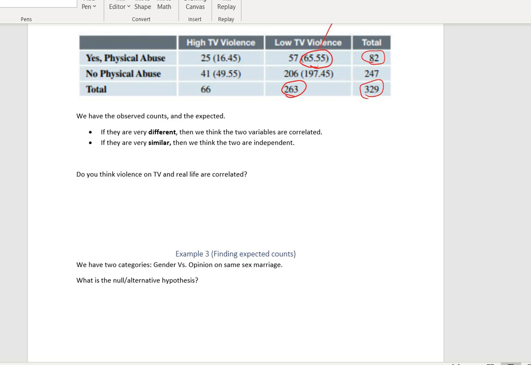I think from the expected counts, just because they are so far away from each other, like in the first one right here, 25 versus 16.45, those are about 9 observations apart. And that's quite a big proportion, especially when we're only looking at 25 people. So I would say that they are correlated.